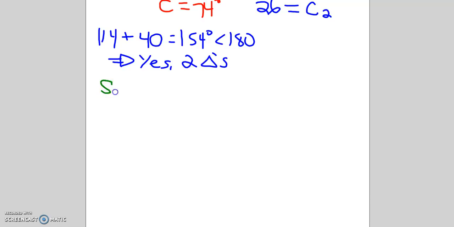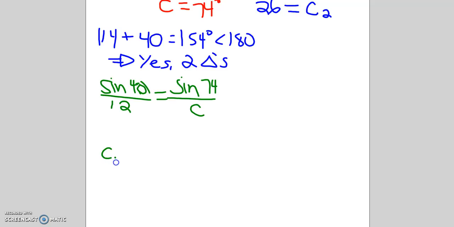So we have the sine of 40 over 12 equals sine of 74 over C, because we need to figure out side C. And once you solve that, you will get C1 equals 17.9. And then we already know that B1 equals 17 and A1 equals 12 from our given information.